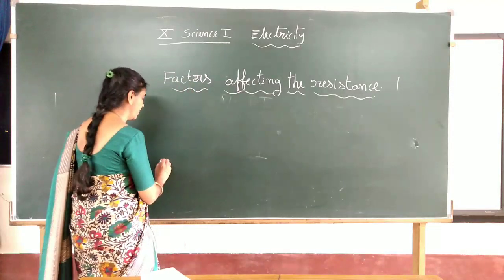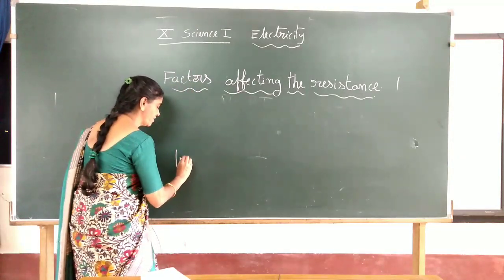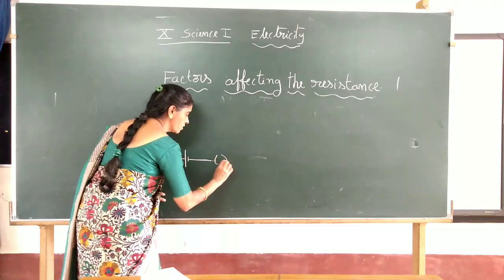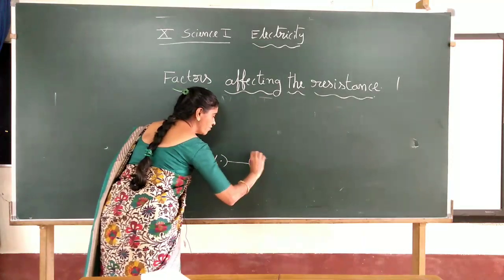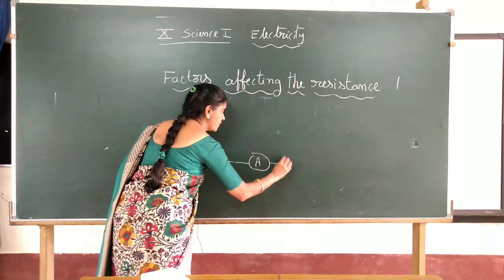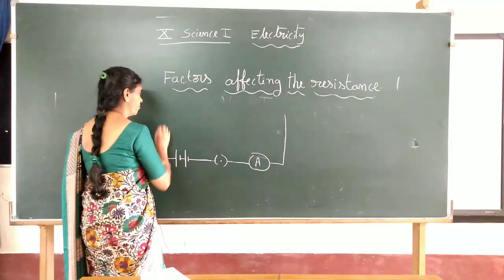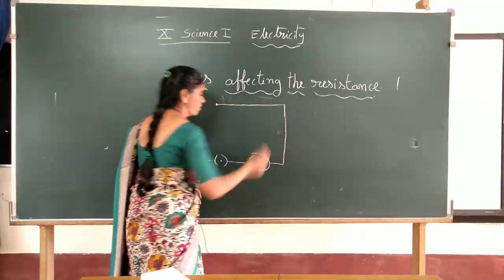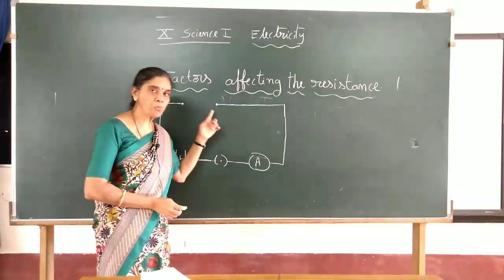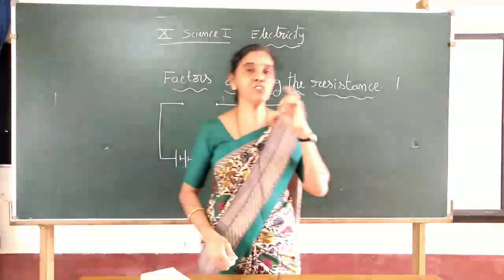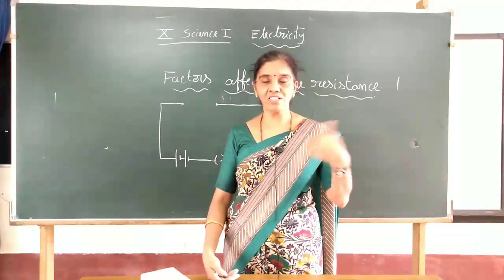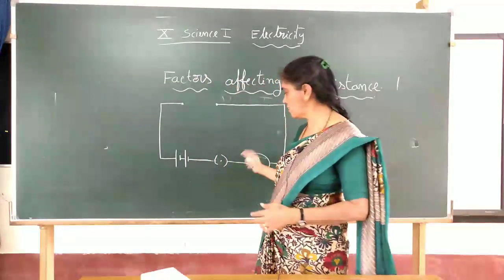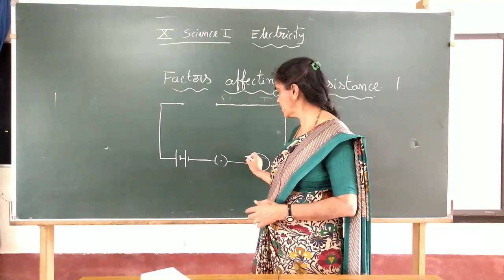So we need a circuit, a source of potential difference, one switch to make and break, and for reading current we need an ammeter. Now at these 2 points, whichever material we use, we can find the resistance and the relationship with the current flowing through it. And the measurement of current we will find out by using the ammeter.